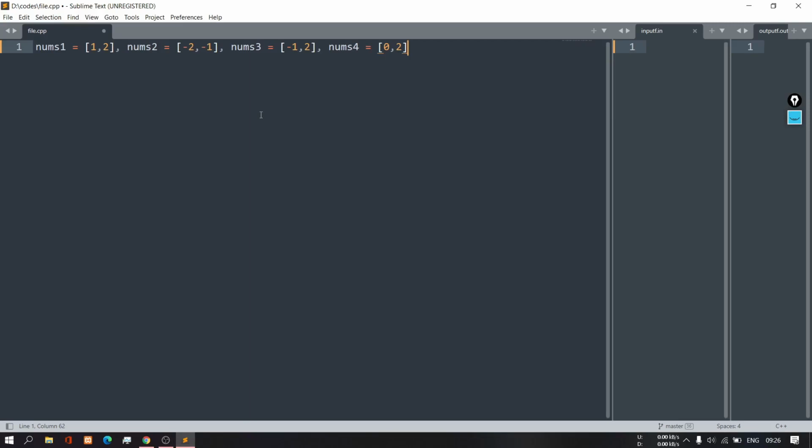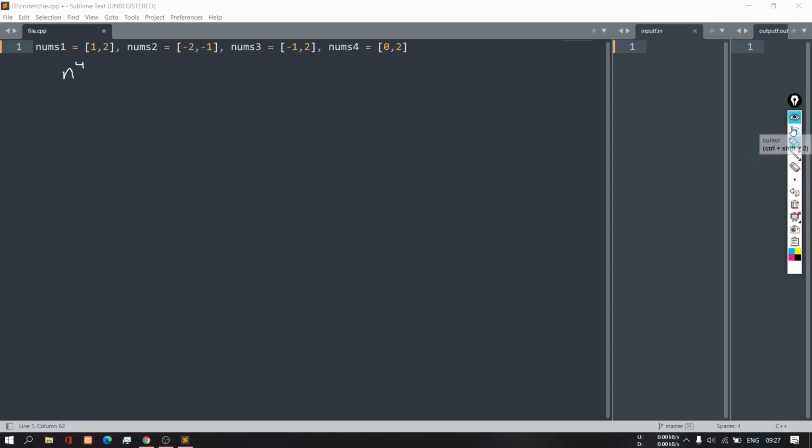So the first thing, the brute force one is you can do an n to the power 4 solution. Means you can use for loops, iterate through all the elements and try out all the possible combinations.